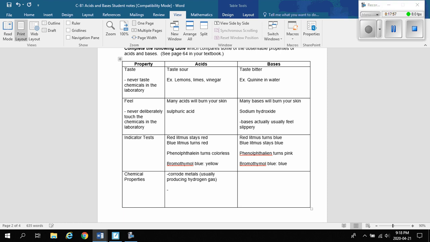Other chemical things that they can do is they can neutralize a base. If we mix an acid and a base, it produces a neutral substance. Bases, for the most part, do not react with metals. And bases can be used to neutralize an acid.